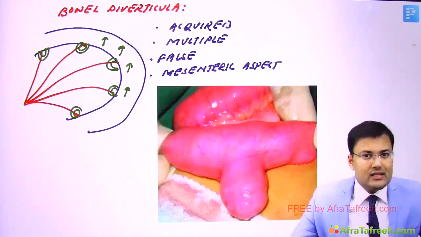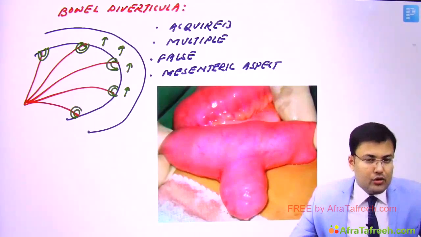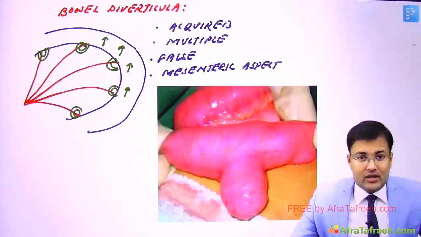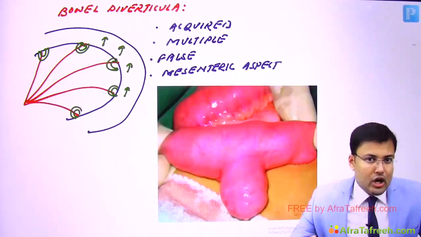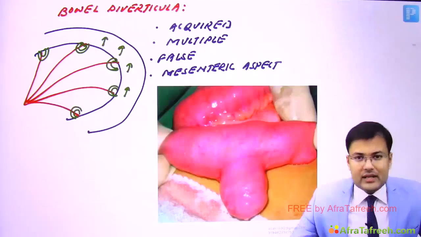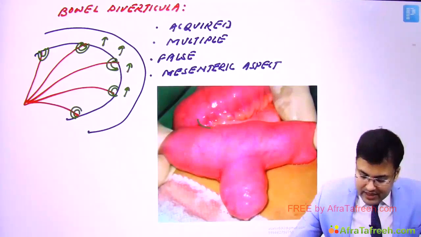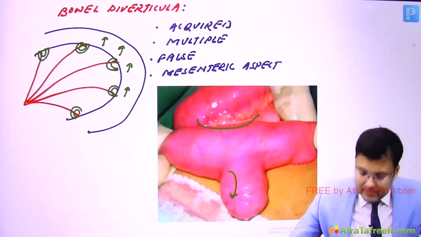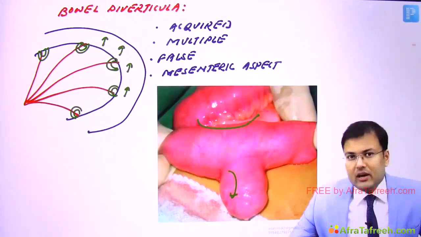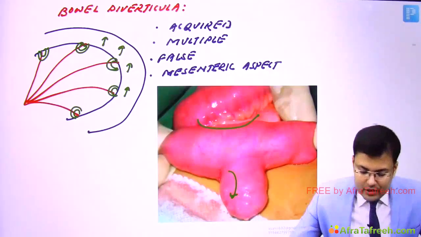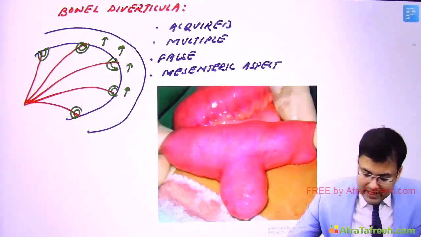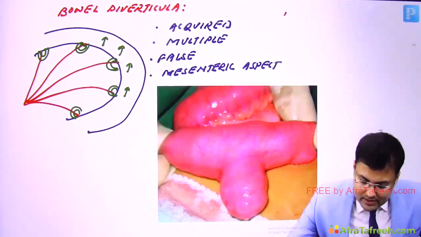This is Meckel's diverticulum. You know, Meckel's diverticulum is congenital or acquired, so this is congenital. It's single or multiple, so single. It contains all the three layers, it means it's true. And if you see the location, it is located along anti-mesenteric border. So this is Meckel's diverticulum. Clear?